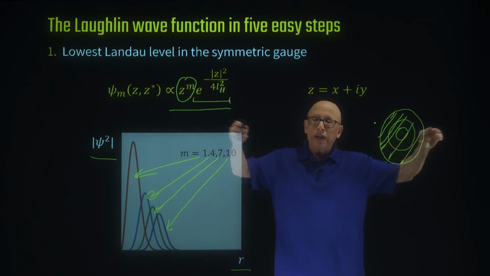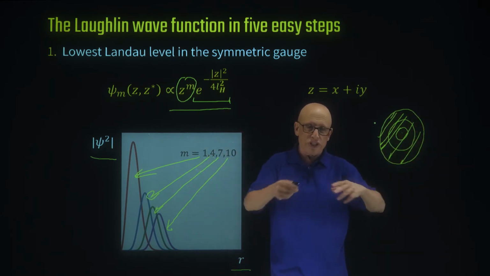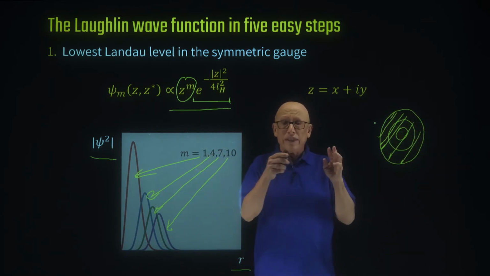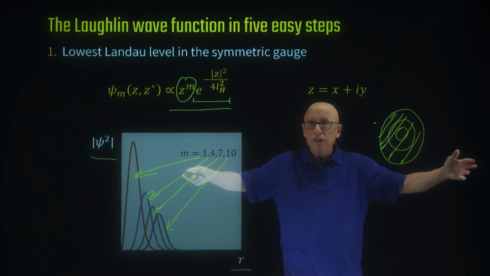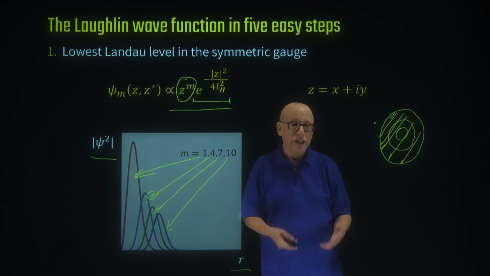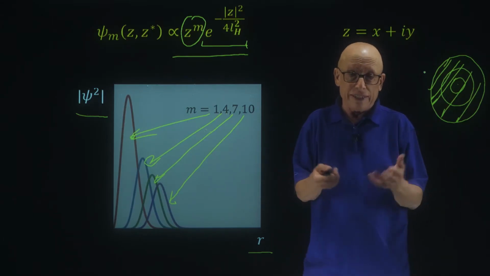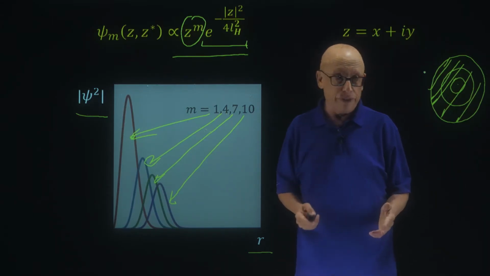We're not going to put the system on periodic boundary conditions or hard-wall boundary conditions. This is too difficult. We're also not going to look at an infinite plane because we're writing a wave function in first quantization. It must have a finite number of degrees of freedom.